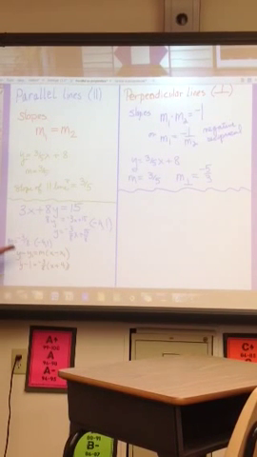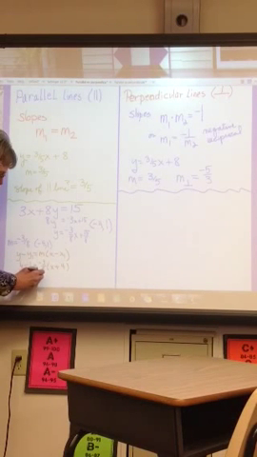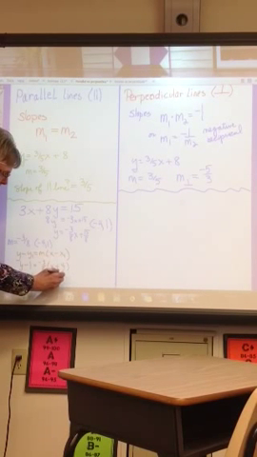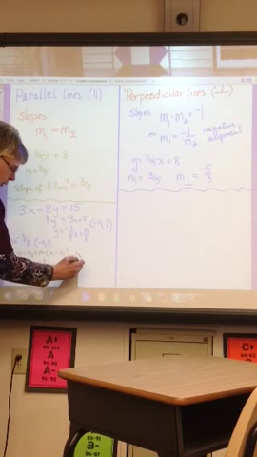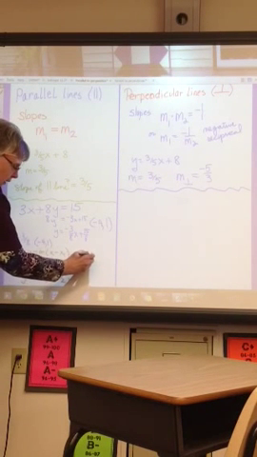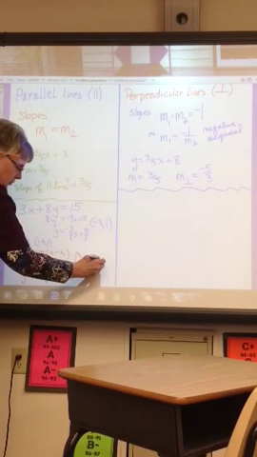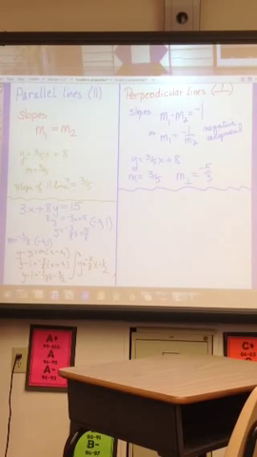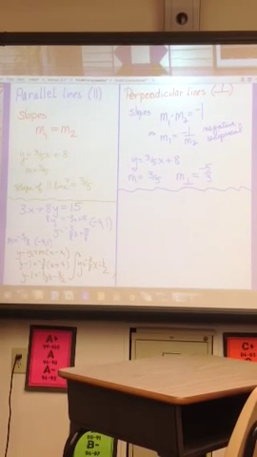Usually, if it's me, I want it in slope-intercept, and then your final answer would be y equals -3/8 x minus 1/2, because I added a positive 1. And again, it depends on what the instructions say in the book.